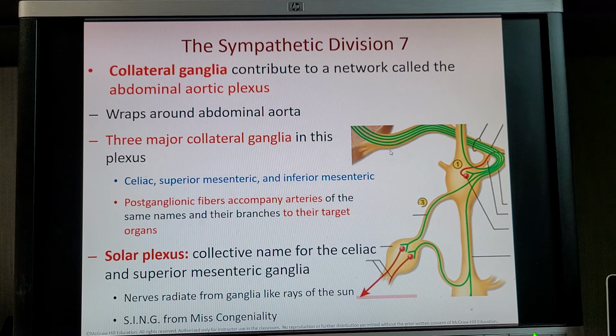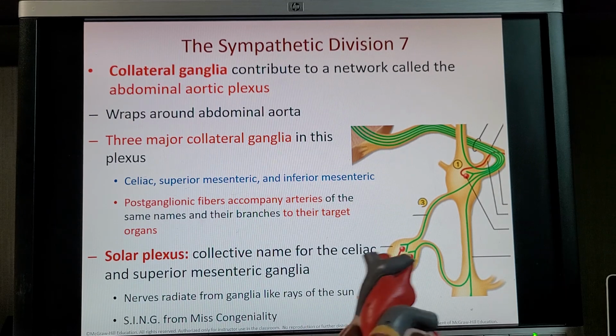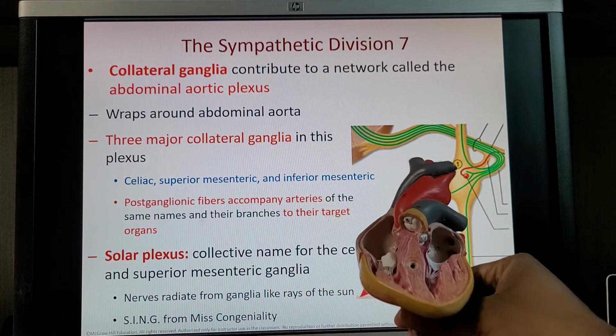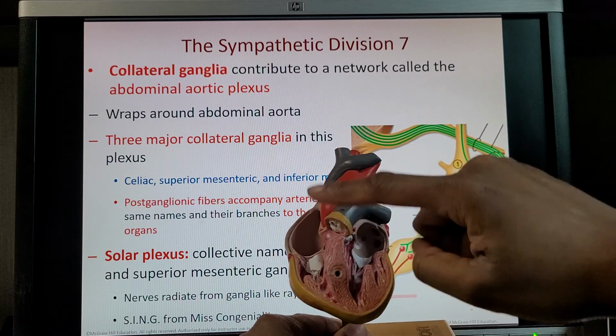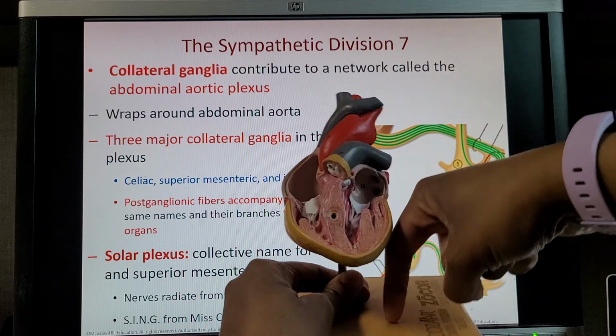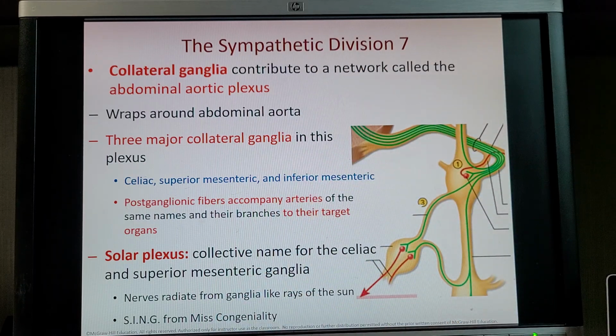Okay, so with our collateral ganglia, again, keeping stuff organized. For example, around your abdominal aorta, so we're going down south. Sorry, you haven't actually covered this. The aorta is your big, giant blood vessel that comes out of your heart, and it arches around and then goes down and goes into your stomach region.